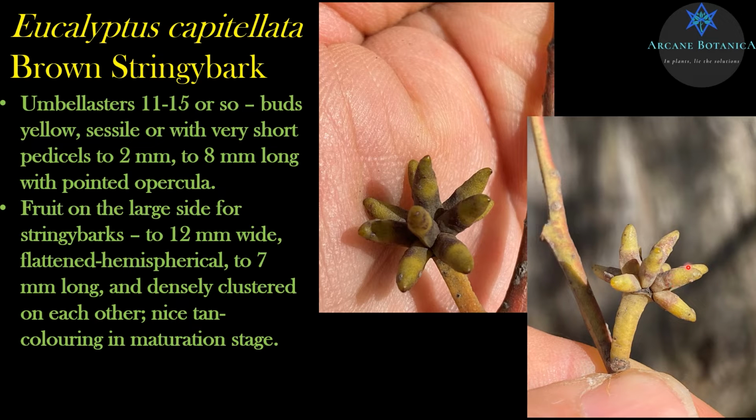But it tends to maintain that sort of rounded shape. They can get a bit pointed at the ends, a bit conical, have a little bit of a sharp point. And there's other species that are sort of more rounded. But capitulata's got a pointed operculum. And that's the more mature stage there that they've moved on to.